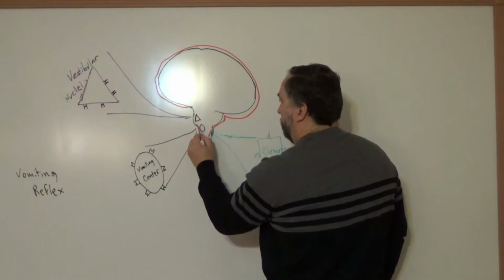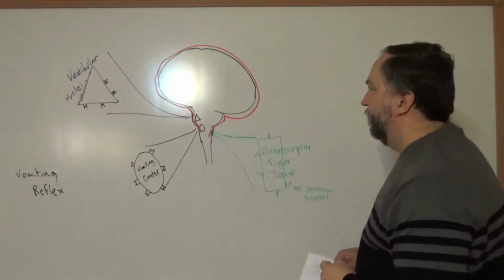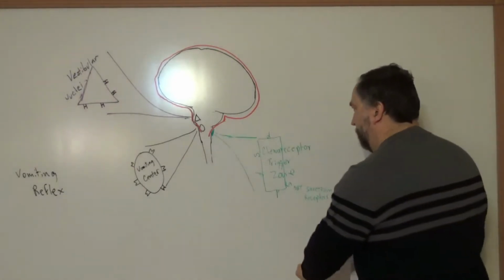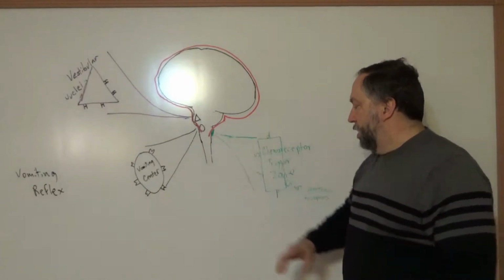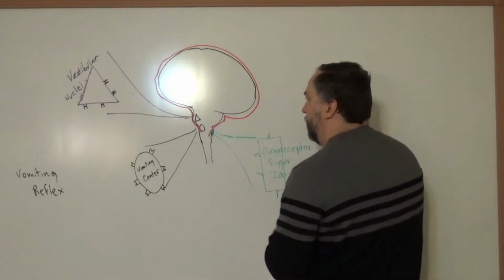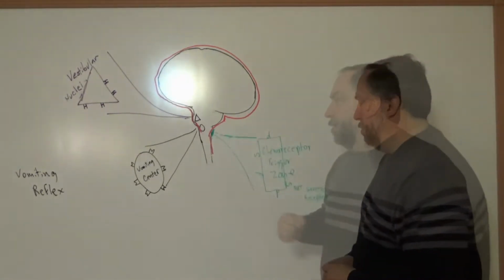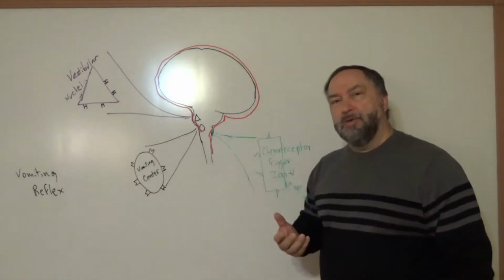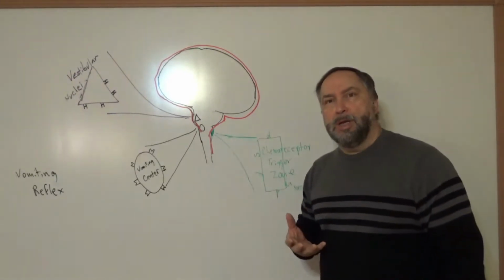So if you look there, the chemoreceptor trigger zone is outside the blood-brain barrier. The chemoreceptor trigger zone lying outside the blood-brain barrier is a very strategic location.